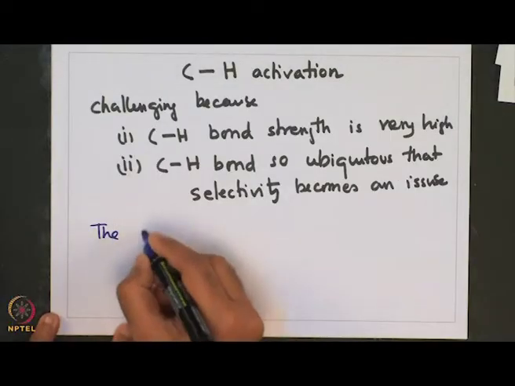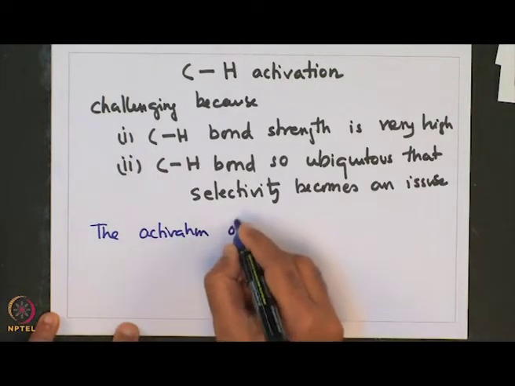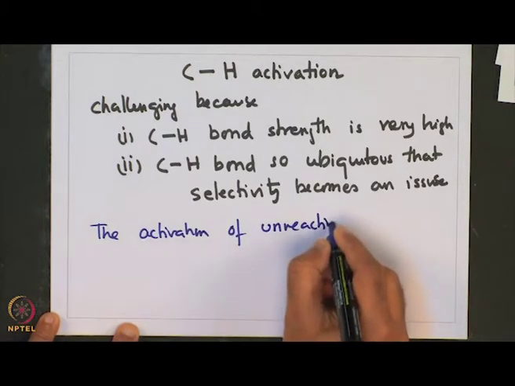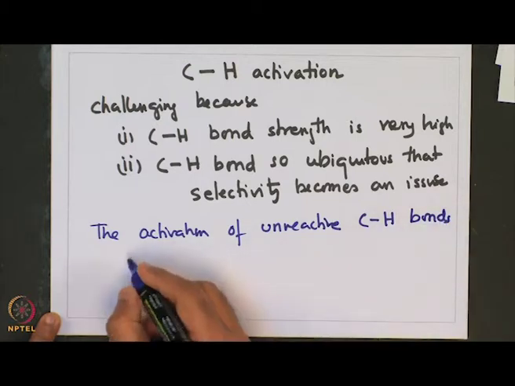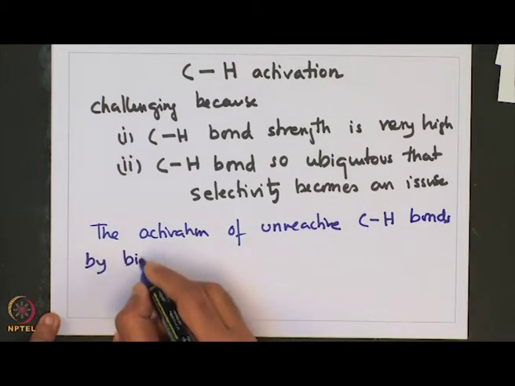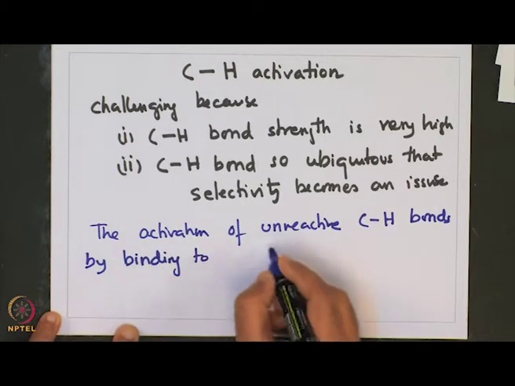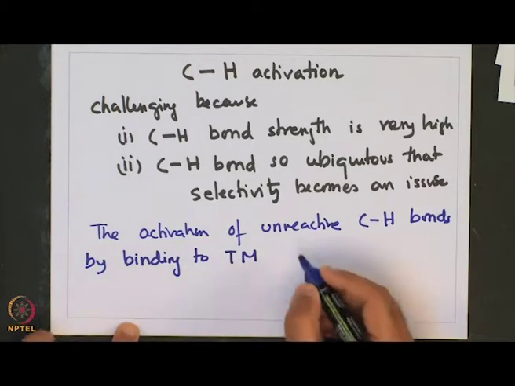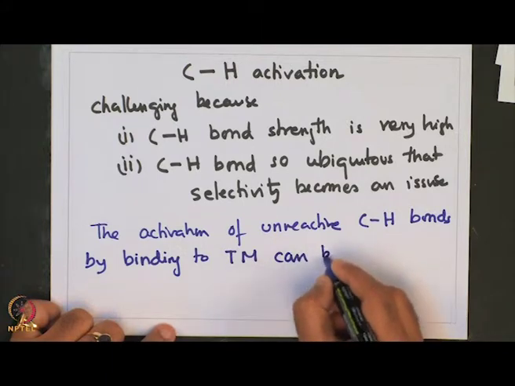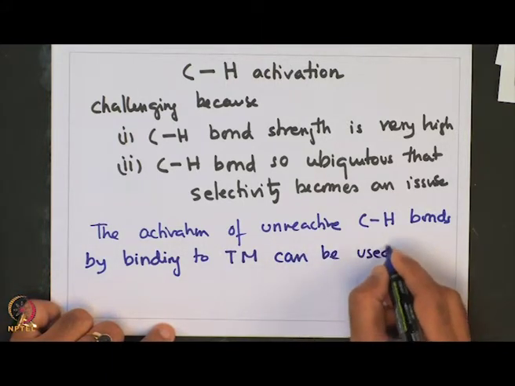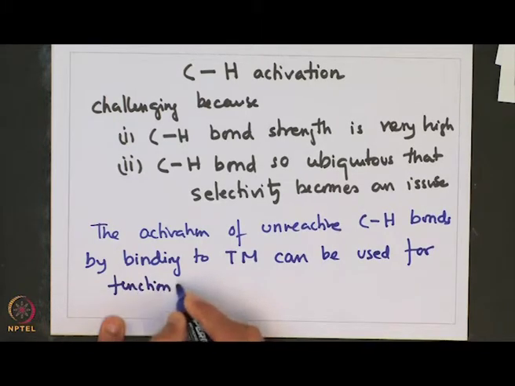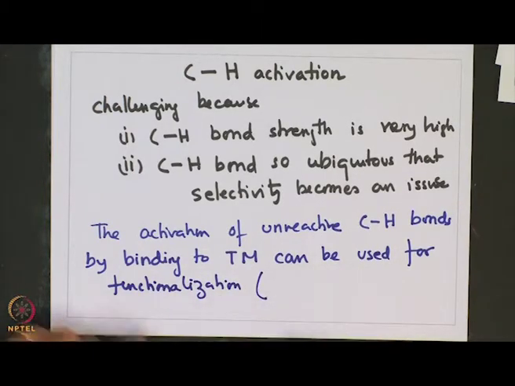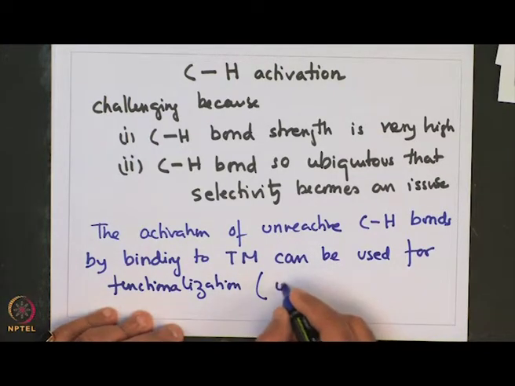So, the activation of unreactive CH bonds by binding to transition metals can be used for functionalization, and that means utilization of fossil hydrocarbons.